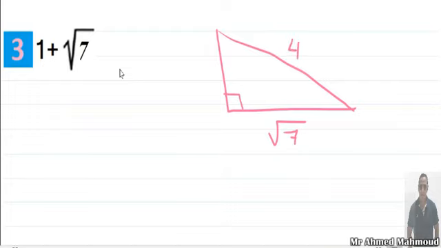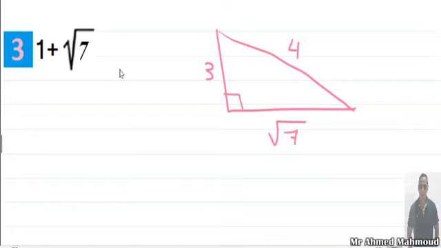Its height equals (7 minus 1) over 2, which is 3. I will stand with the compass after 1, because I have here 1 plus root 7.